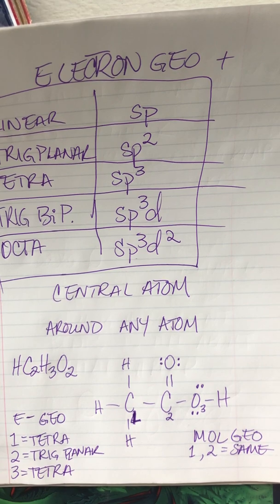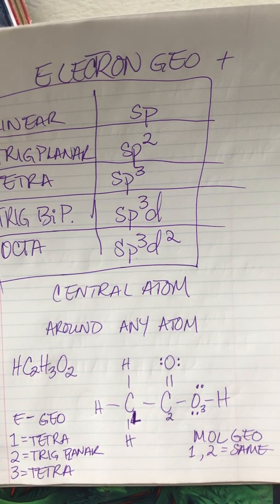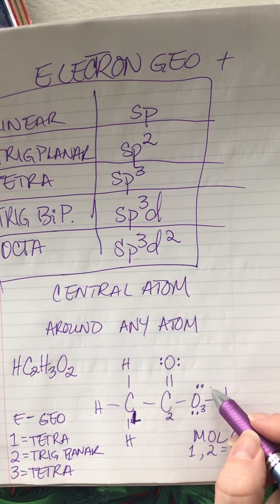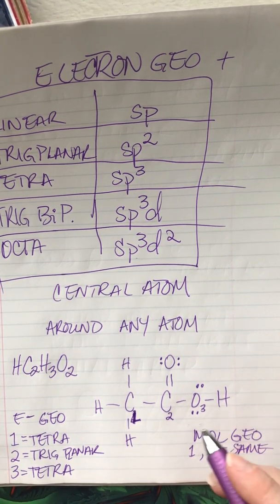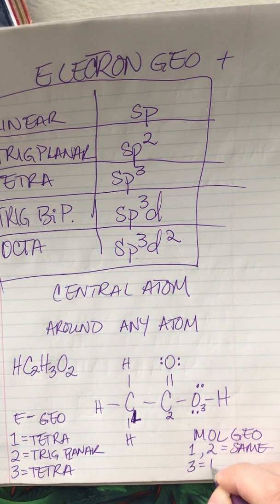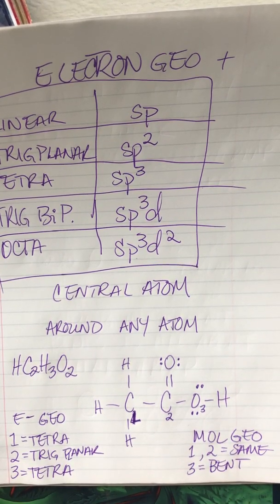Cool? Yes. What's this guy though for the molecular geometry? It's bent, right? It's bent because it's still 4 total attachments. Oh, because it has 2 lone pairs. Exactly. So we have bent. Does that make sense?